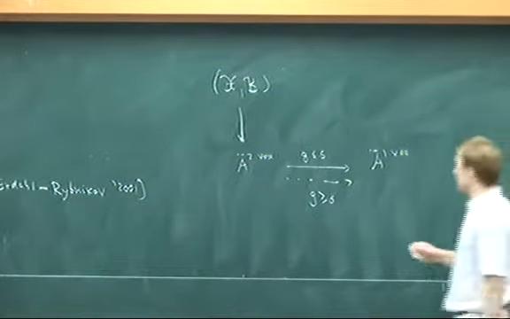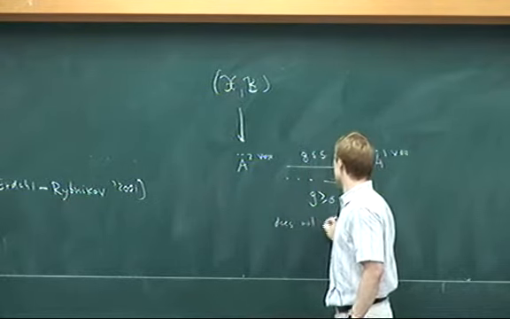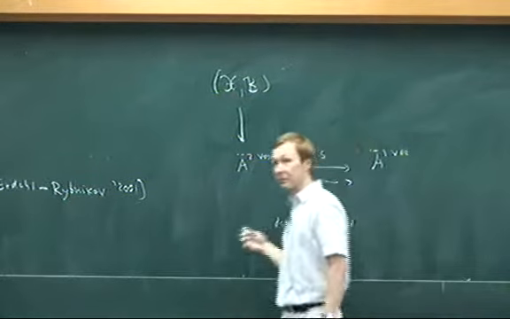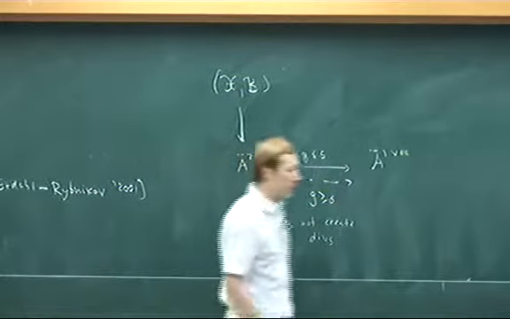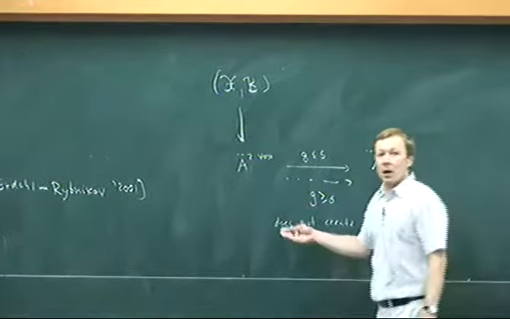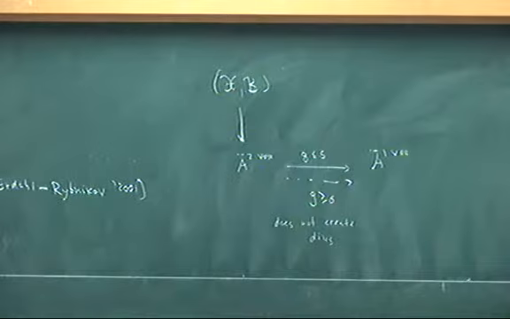This rational map does not create divisors. That part is obvious. It may blow up something, but it does not insert new divisors. So it's kind of small. It looks like a flipping contraction, or a composition of some divisorial contractions and flipping contractions.